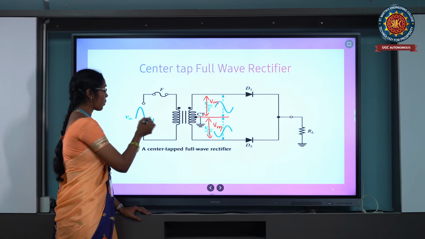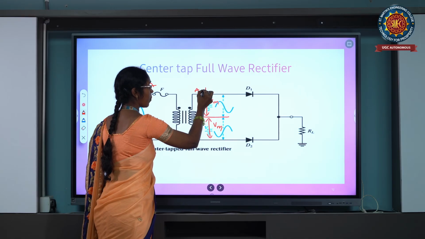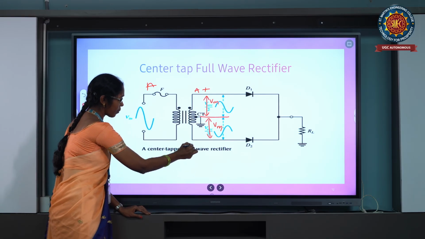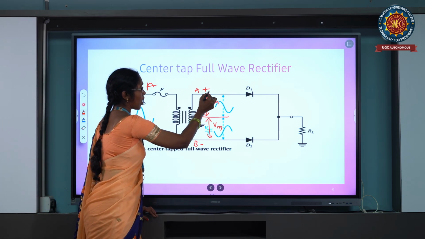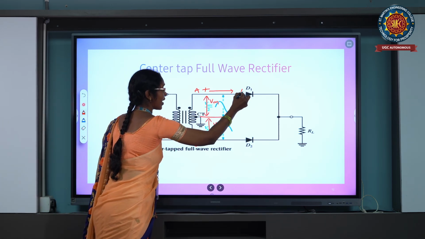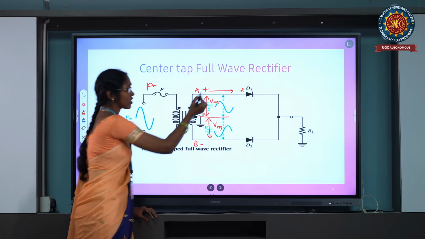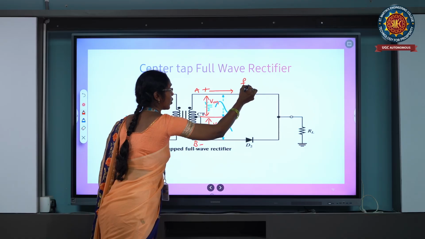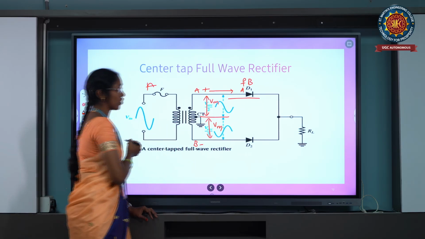During the positive half cycle, end A becomes positive and end B becomes negative. Due to that, the positive voltage is connected to the anode terminal of diode D1, so the diode is in forward bias mode. In forward bias mode, it acts as a closed switch.